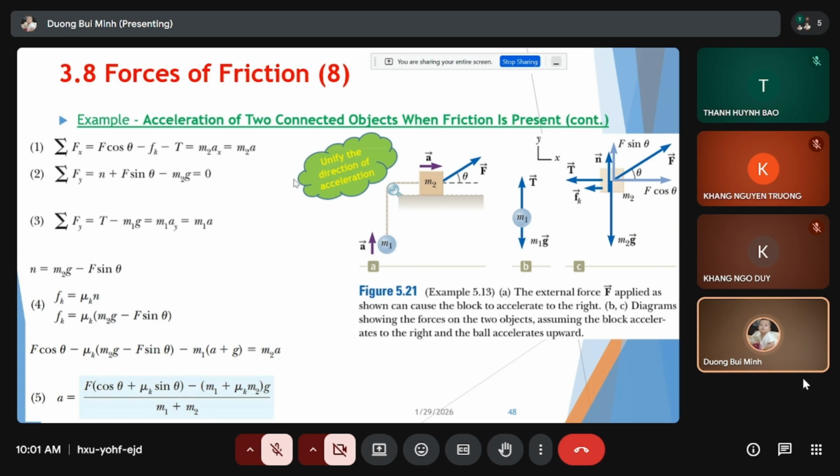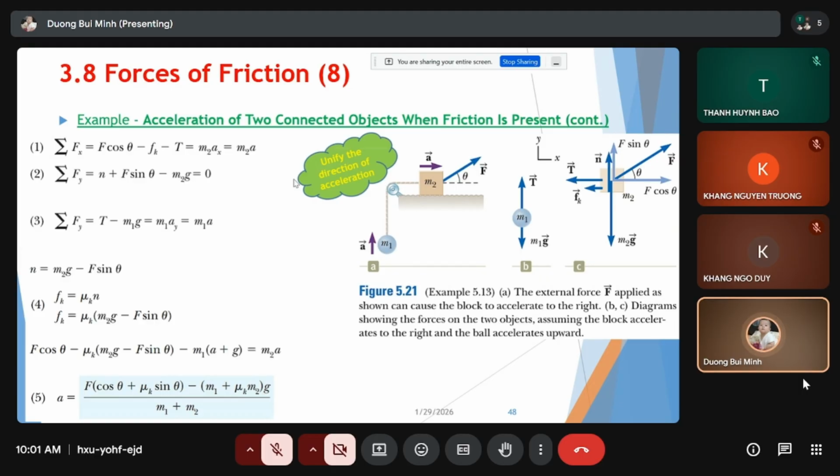I give you a tip. For the final exams, we need to make a classification of object 1 and object 2, right? For object 1, we consider the y-axis, because for the x-axis we have no tension.